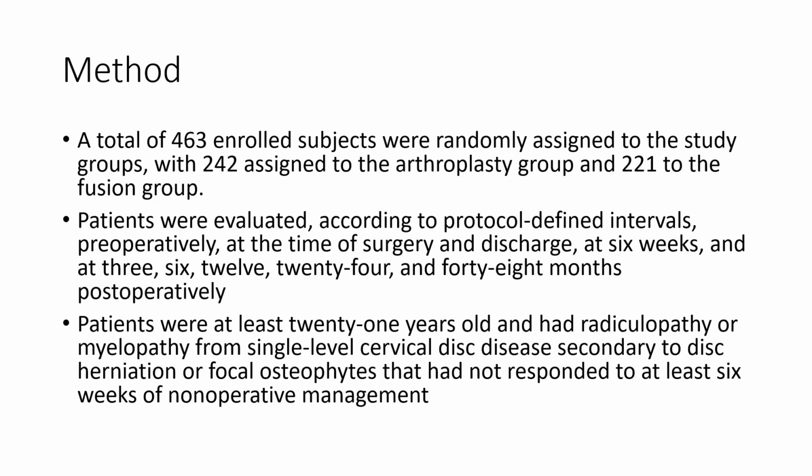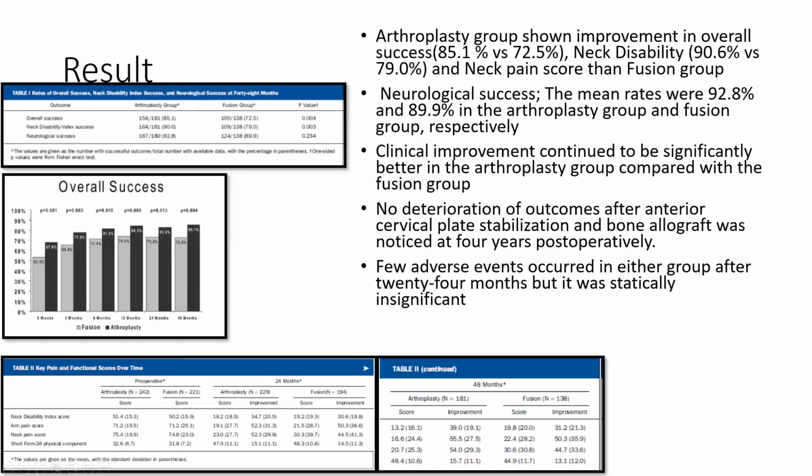They had their specific inclusion and exclusion criteria, which can be found in the paper. Some of the things they looked at in this paper were the neck disability index, arm pain scores, neck pain scores, and then the SF-36, which we mentioned earlier.